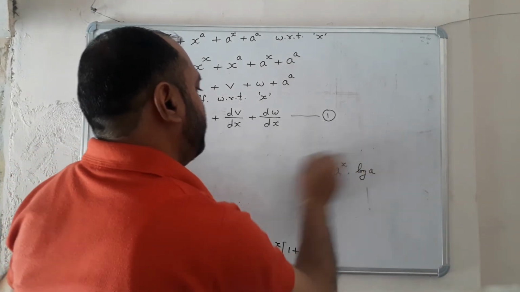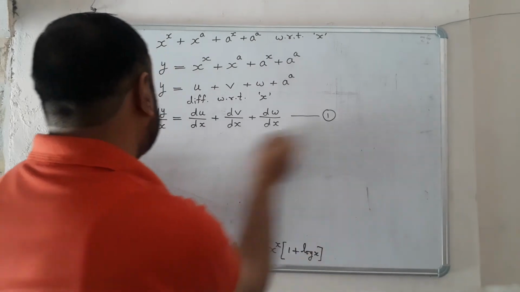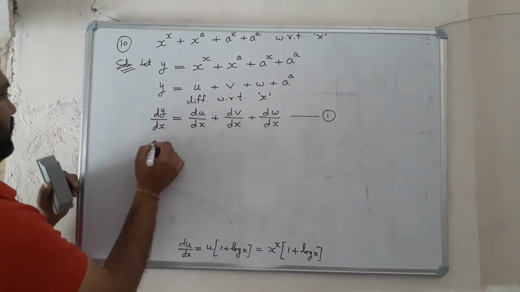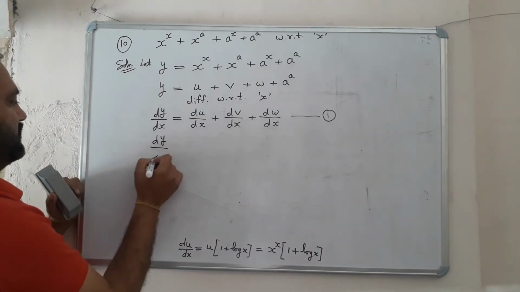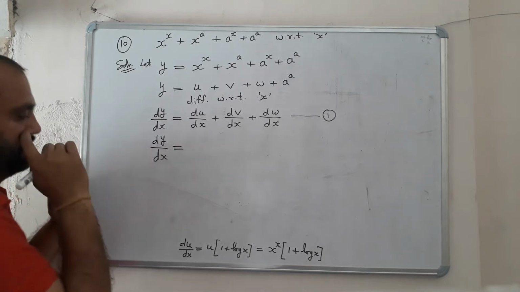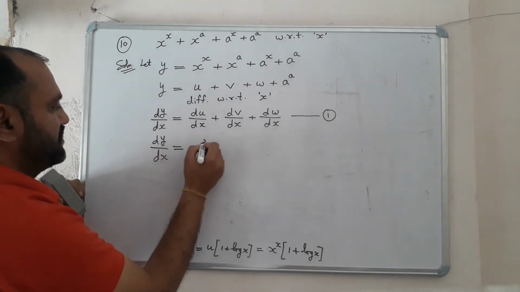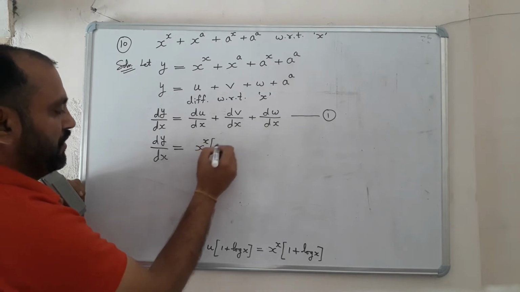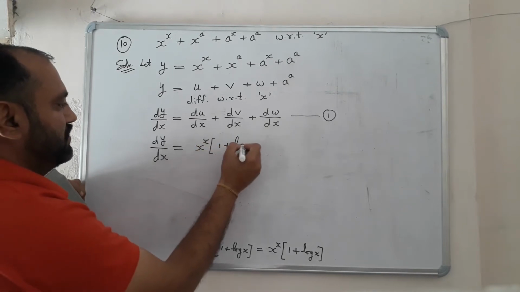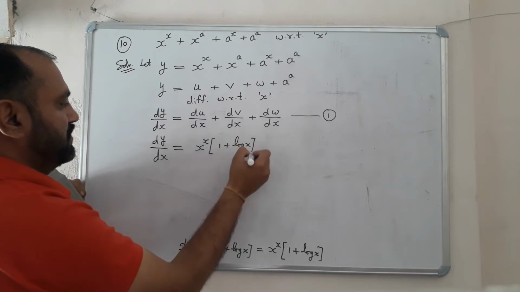So our answer is dy over dx is equal to, the value of du by dx, x raised to the power x into 1 plus log x, right.